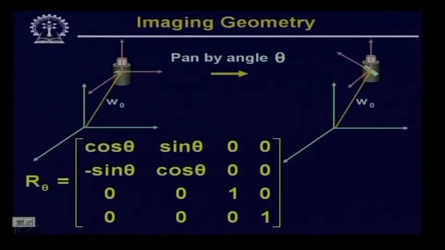When we rotate the camera by an angle theta, all the world points will be rotated by the same angle theta but in the opposite direction, and the corresponding transformation matrix is this matrix R theta. So, we have completed two steps: first the displacement of the camera center with respect to the origin of the world coordinate system, then panning the camera by angle theta.